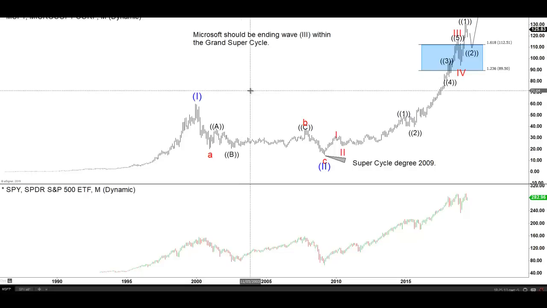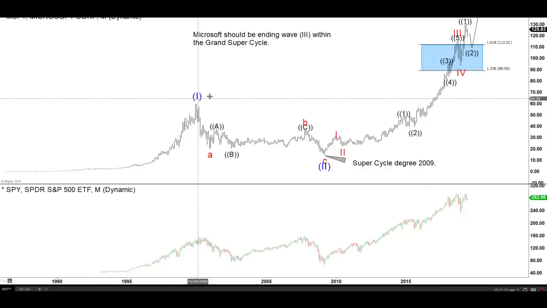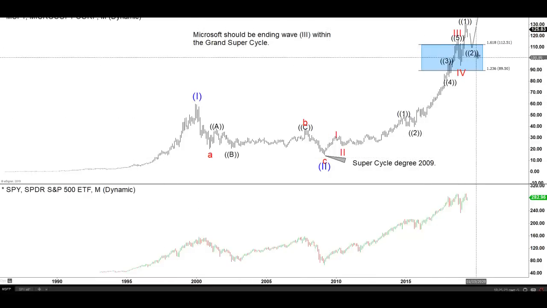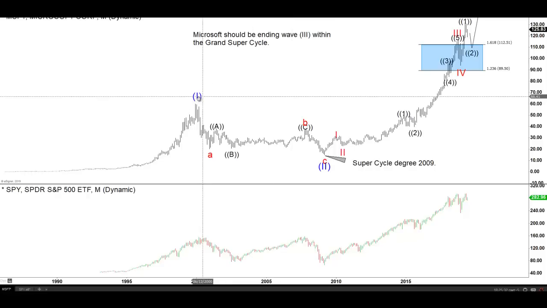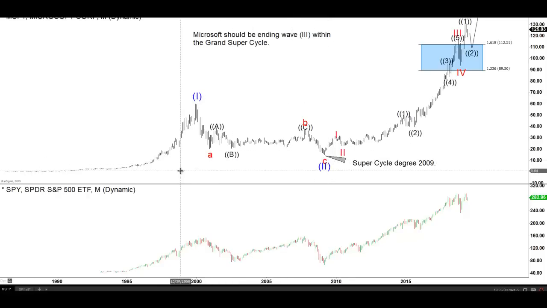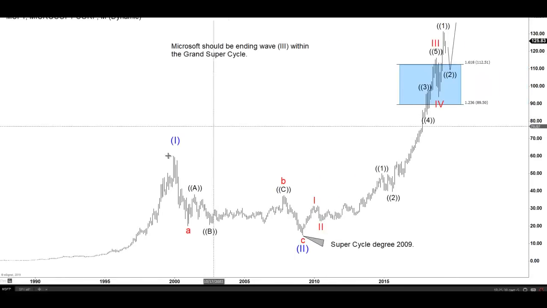The only difference is that if you notice here in Microsoft, when measuring the wave 1 related to the 2, Microsoft already passed the 112.51 area, which is the 1.618 extension of 1 related to 2.